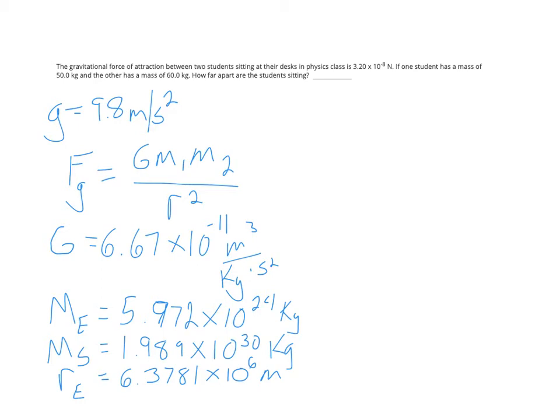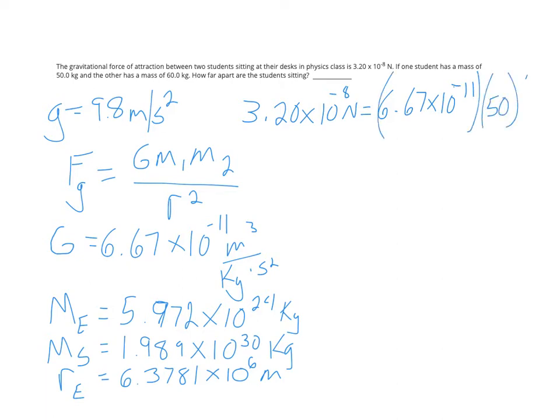The force between the two equals 3.20 times 10 to the negative 8th newtons, and that is equal to the gravitational constant 6.67 times 10 to the negative 11 times 50 times 60, divided by r squared, and we need to solve for r.